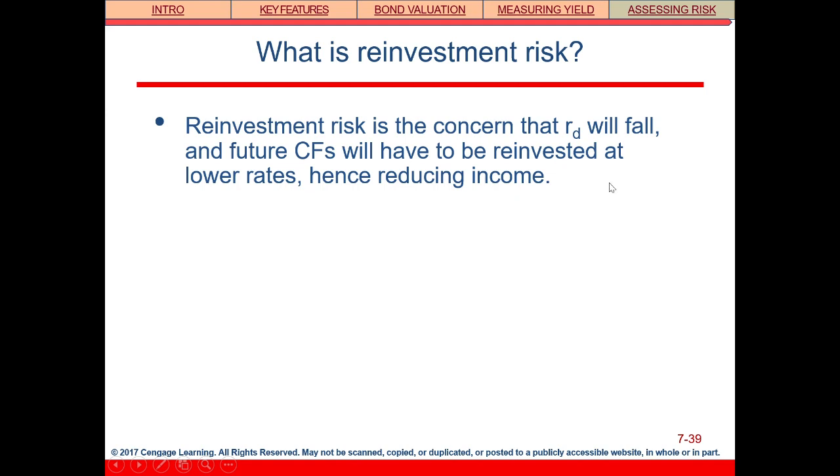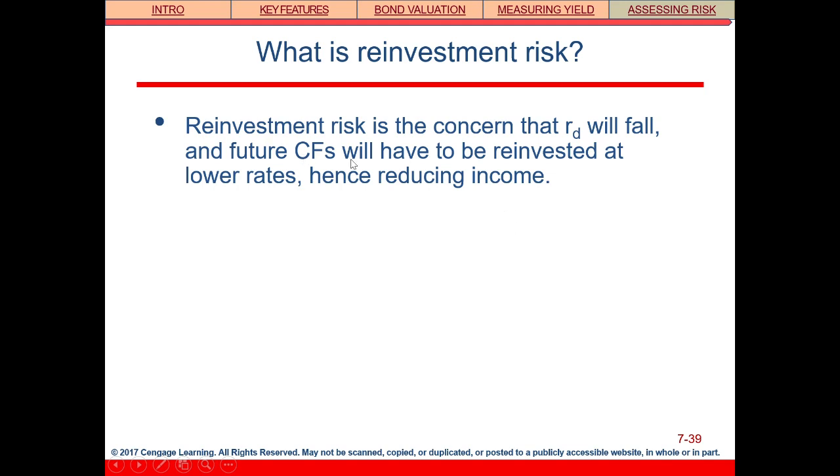It means that interest rates would fall, and therefore when the bond matures, you won't be able to find the same interest rate at that time. Therefore, you may have to invest in bonds with lower coupon interest rates, and therefore face the risk of reduced income.